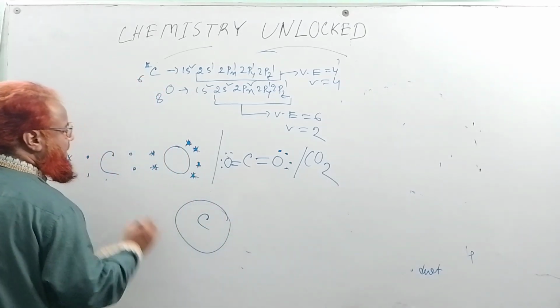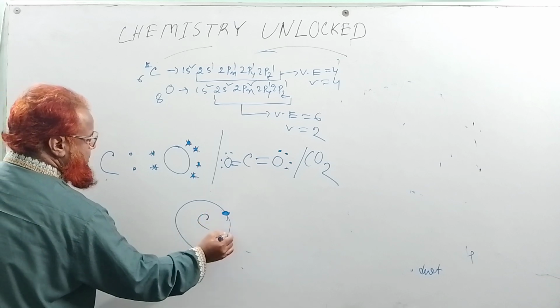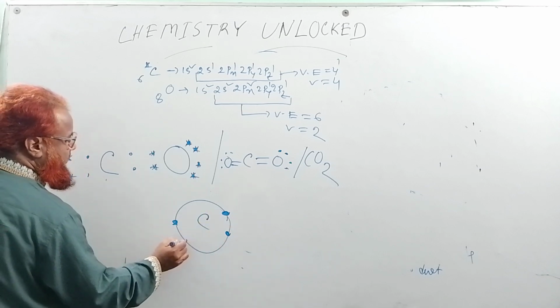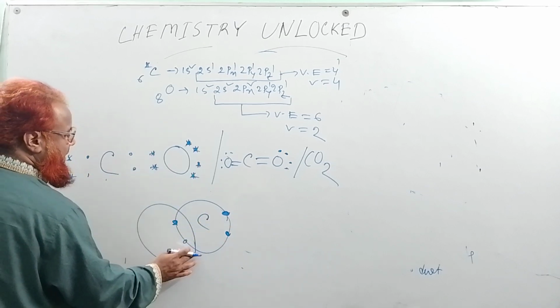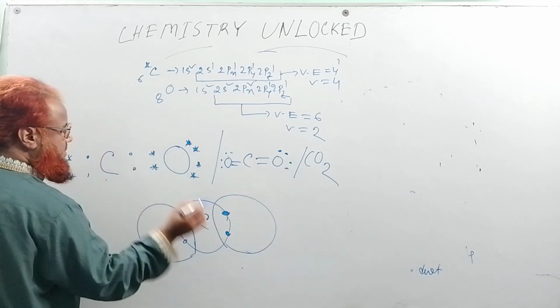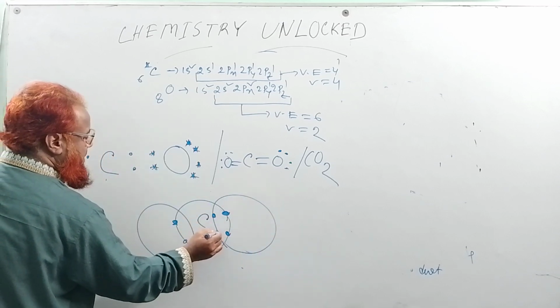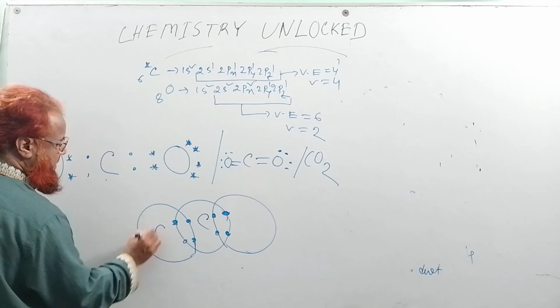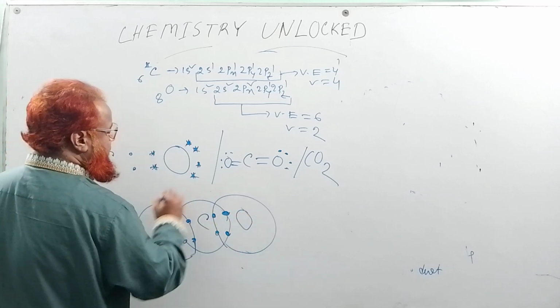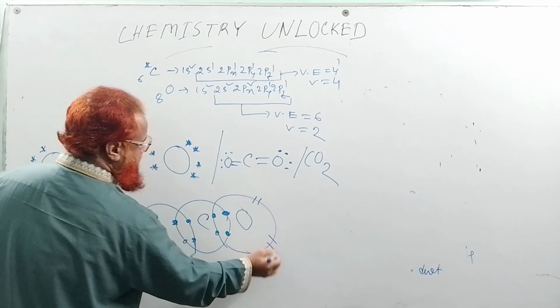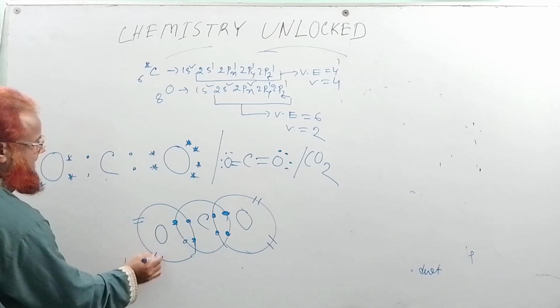Carbon, the last shell, has 4 electrons like this, 1, 2, 3 and 4. They become paired with what? Oxygen atoms, like this. Okay, so this is oxygen, this is the nucleus of oxygen, and 2 pairs as lone pairs. 2 pairs as what? Lone pairs.